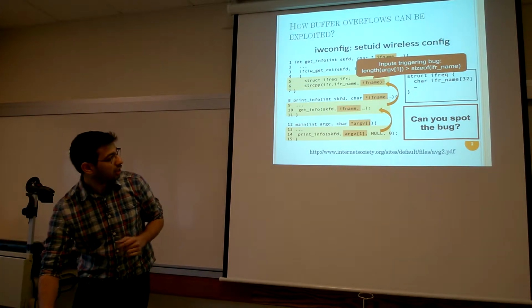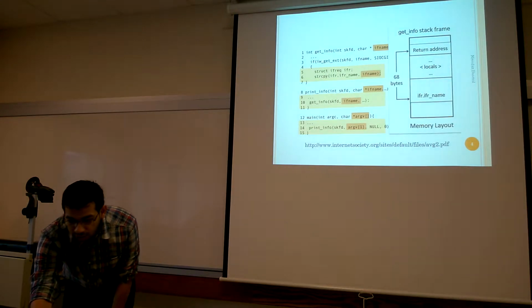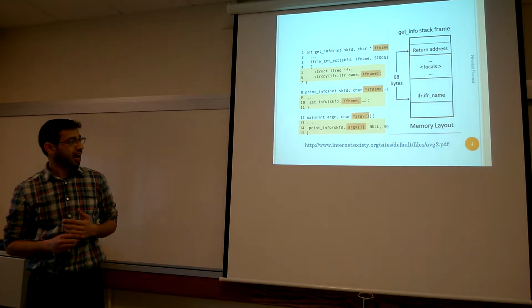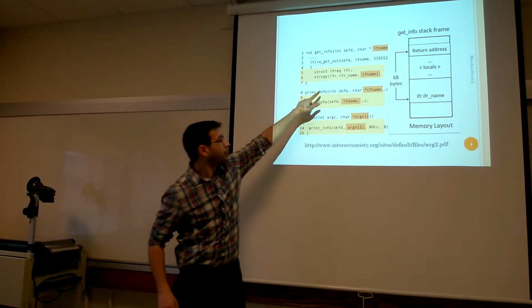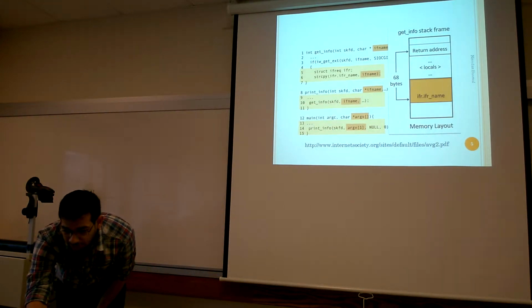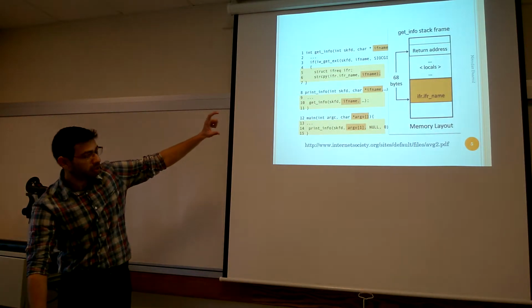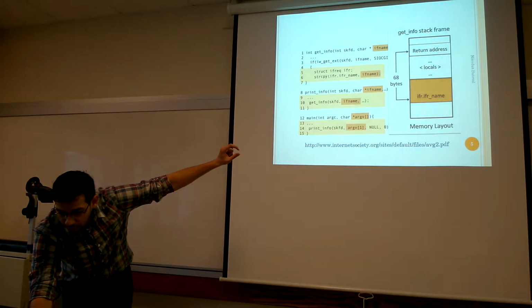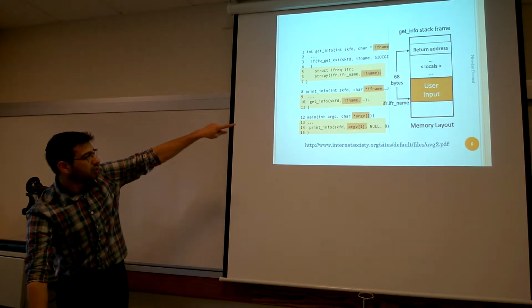Let's see how that works. This is the memory layout of how things are happening, and that is the buffer allocated to this variable up here. When a user gives the input, this particular section should be the section which is filled, so there's your user input.